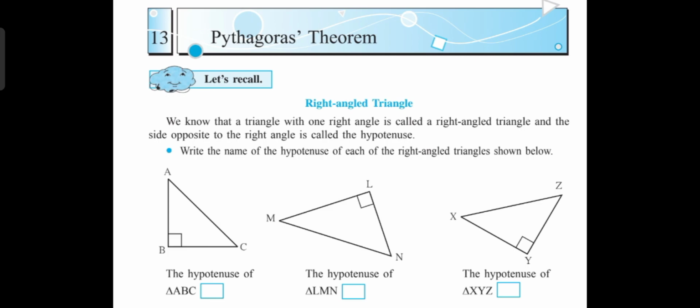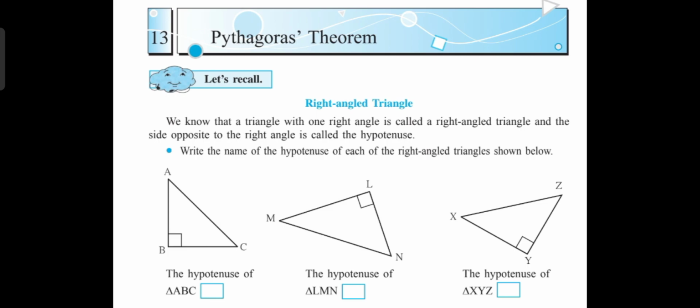That side is known as hypotenuse. Okay, so write the name of the hypotenuse of each of the right angled triangles shown below. Now this we have already solved, but once again I will just revise it. So you have to write the hypotenuse for these three triangles.